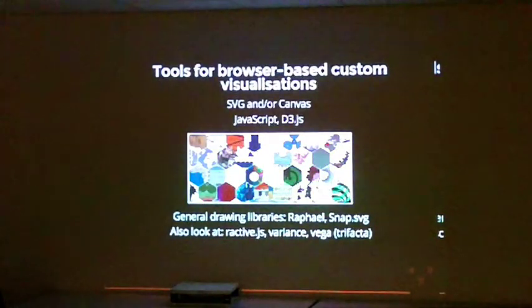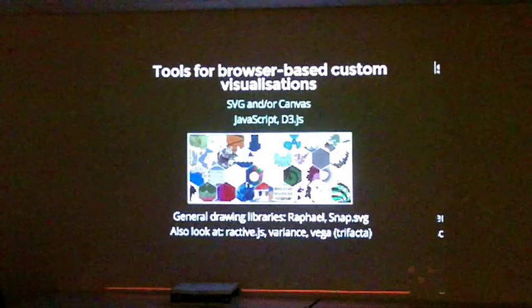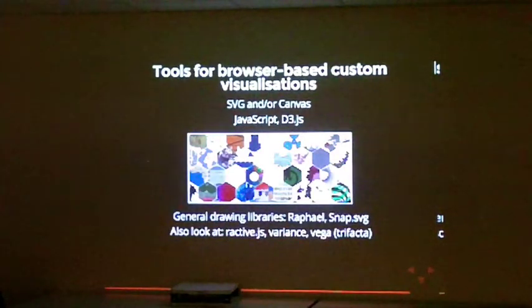And then there's Raphael and Snap SVG, which is the modern version of Raphael. I've used them once or twice for visualization, so they're worth looking at. They work more how you expect: draw a circle over here and over here.